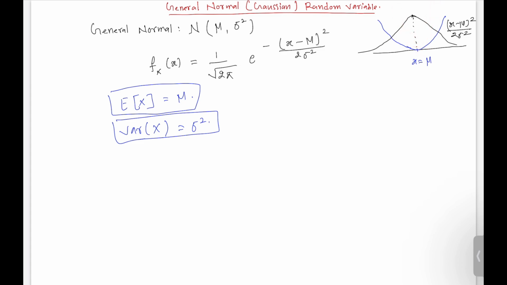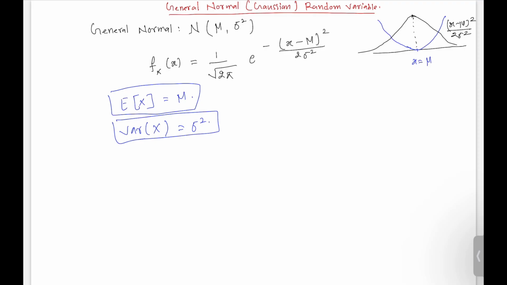And here, since sigma is small, even for a small value of x, it will decay fast, right? So now the decay rate would be fast. So the overall bell curve would be narrower than for a large sigma.